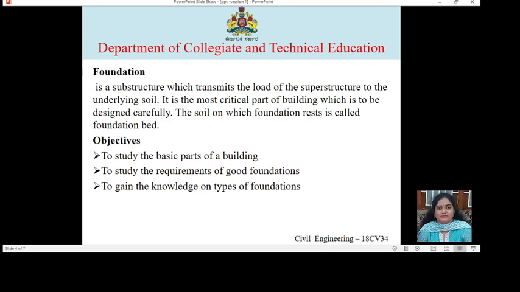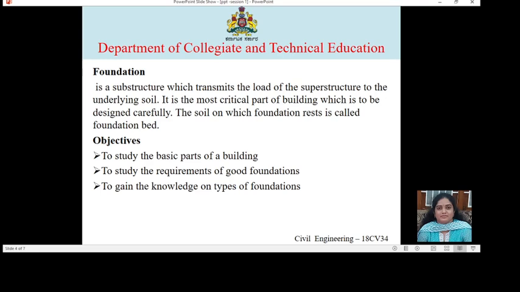It is the most critical part of the building, which is to be designed carefully, and the soil on which the foundation rests is called foundation bed. In building construction, the foundation part is most important, and the decision should be taken very carefully on site.